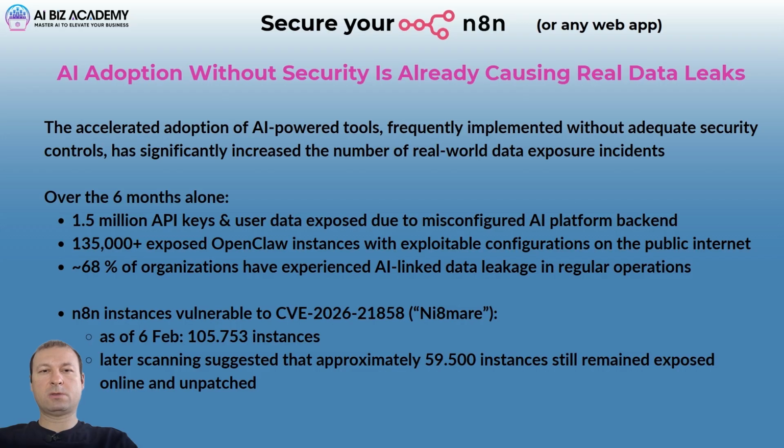Okay, so now that we covered the risks, you would argue, okay, those are hypothetical risks. Doesn't mean that it can happen. But on this slide, I will show you the exact actual numbers of incidents where data was leaked because of improper security measures.